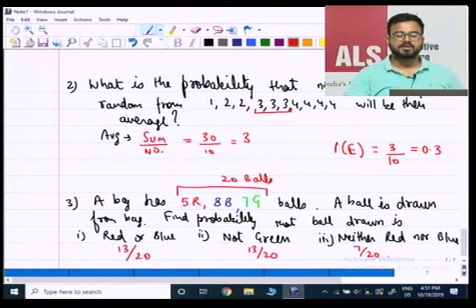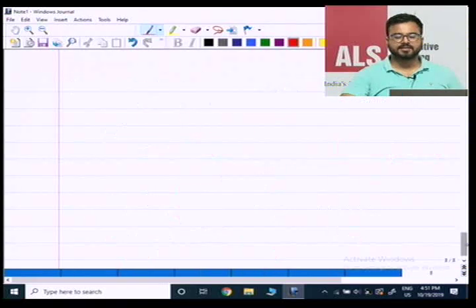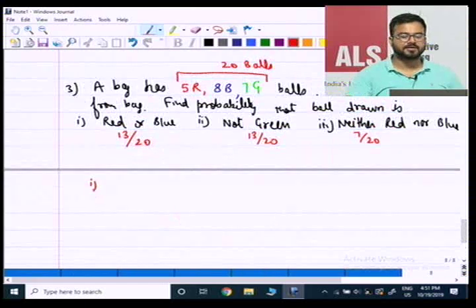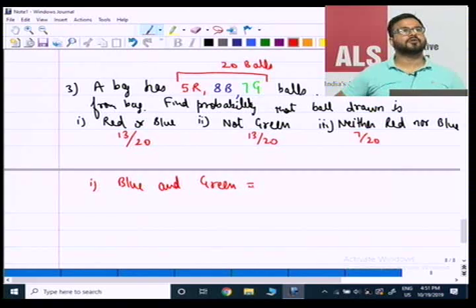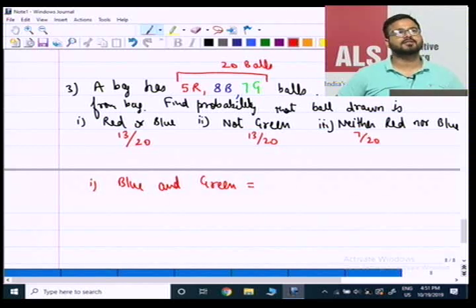So 7 by 20. Suppose it is written like this: what is the probability that the ball is blue and green? Then what should be your answer? If it is written like the ball is blue and green.